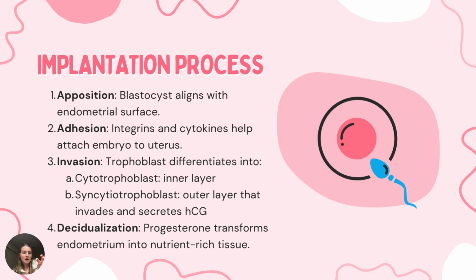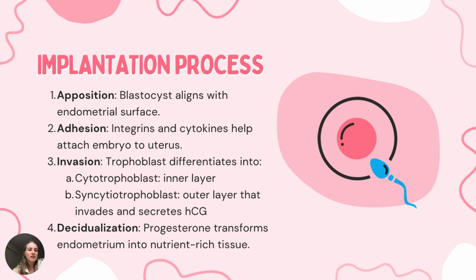So the embryo aligns with the uterine wall. And then next is adhesion. Once it's aligned, specific molecules like integrins and cytokines help the embryo stick to the endometrium.